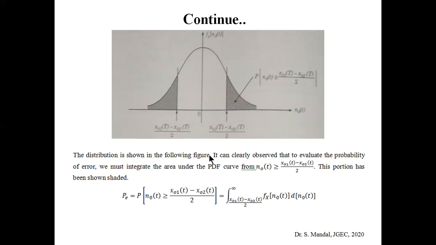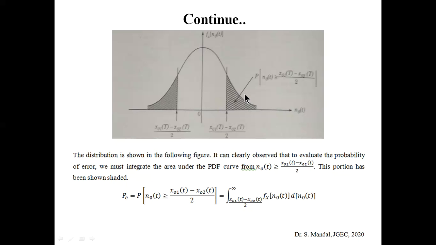This distribution is shown in this figure. Here you can see that along the x-axis we plot the noise n0, and along the y-axis we plot the PDF f(n0). So this is basically a random function. This point is (x01t - x02t)/2, and this is minus (x01t - x02t)/2. When the value of n0 is greater than or equal to (x01t - x02t)/2, the error will be introduced.